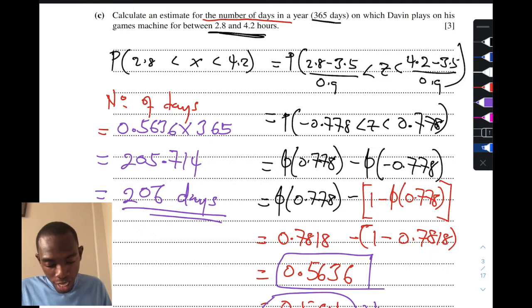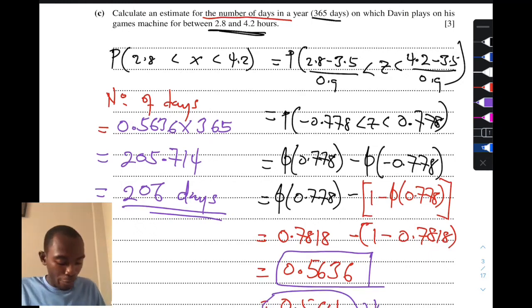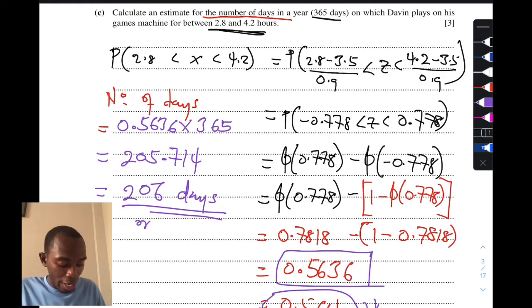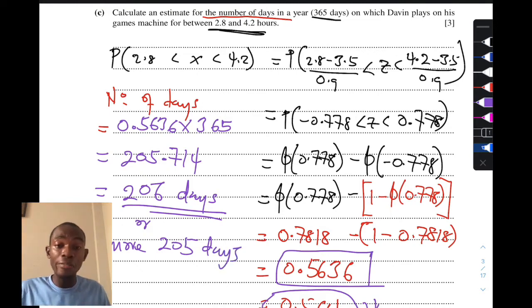Well, I know that some of you would say that, well, it says calculate the estimated number of days, so you say, oh, well, it's more than 205 days. Some also write it that way. They don't want to approximate, and I get it, that 206 is more than 205.1.